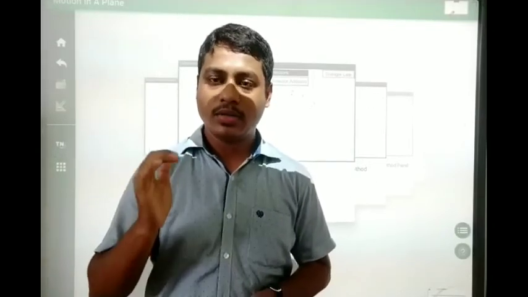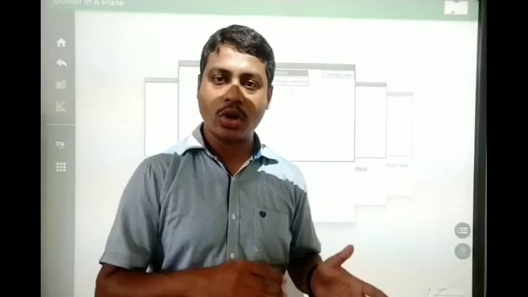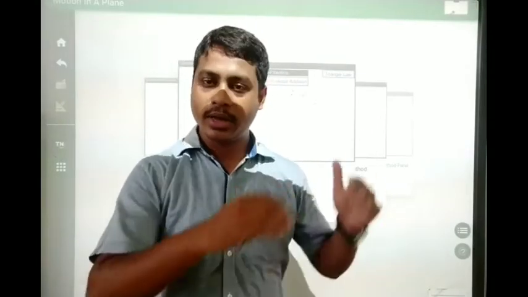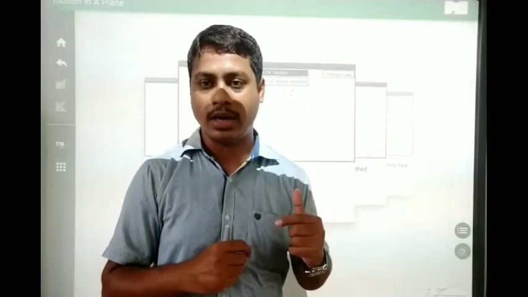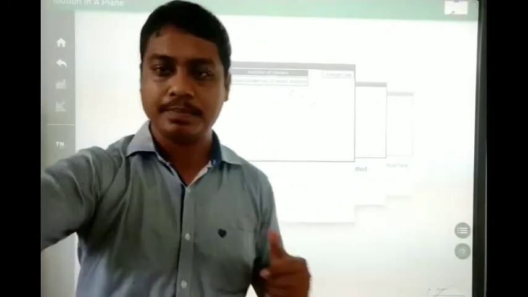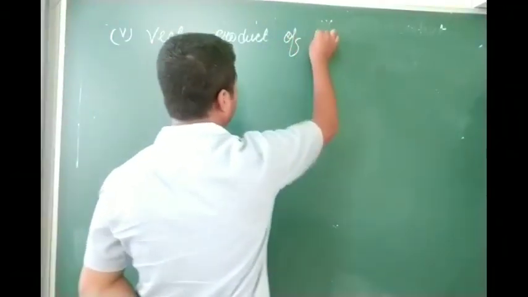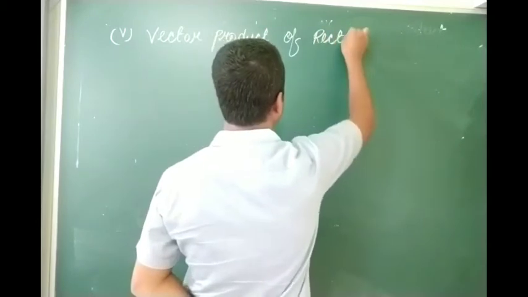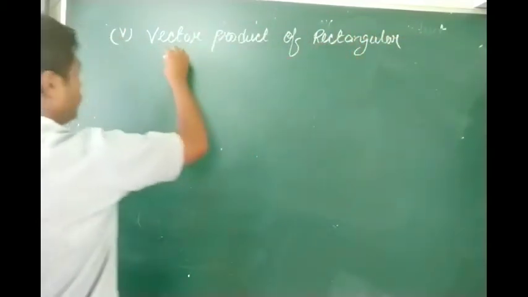For the longer method, we have to use all the properties. The shorter method will be clearer and will consume less time, so we'll try with the shorter method only. So let us see the vector product of the rectangular components.